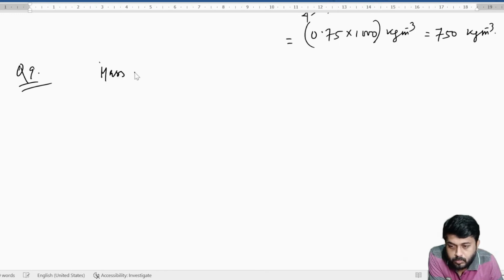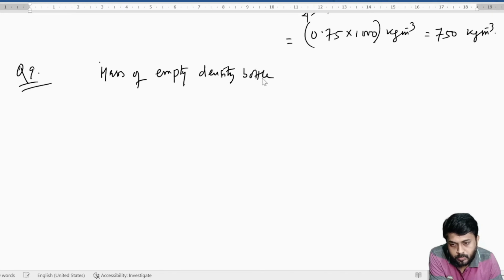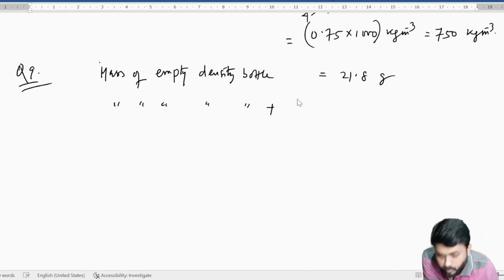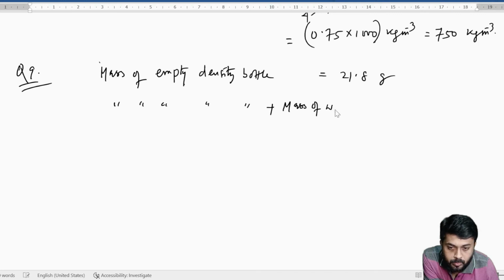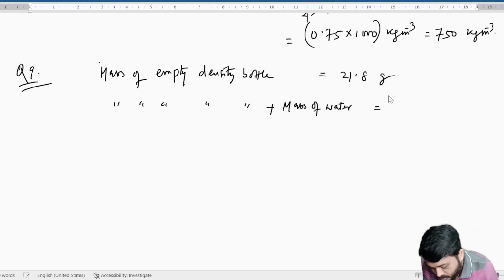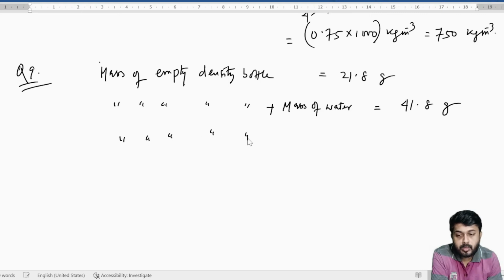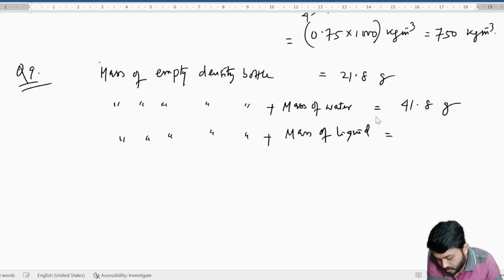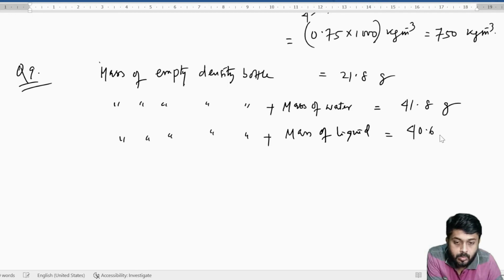Given mass of an empty density bottle is 21.8 gram, mass of empty density bottle plus mass of water equal to 41.8 gram, and mass of the empty density bottle plus mass of liquid is equal to 40.6 gram.